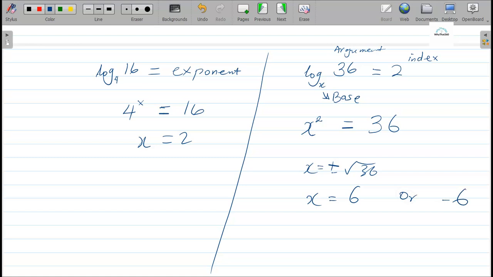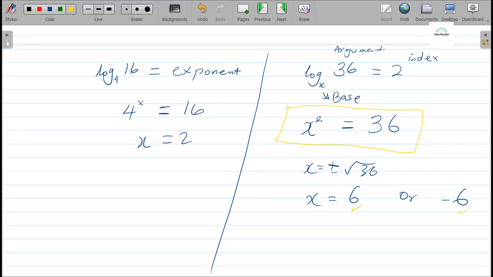Negative 6 squared is negative 6 times negative 6, which gives positive 36. And 6 times 6 is 36. So x is either 6 or negative 6.